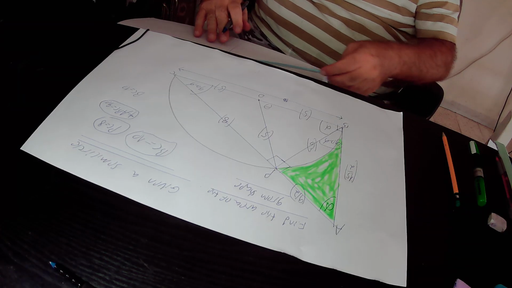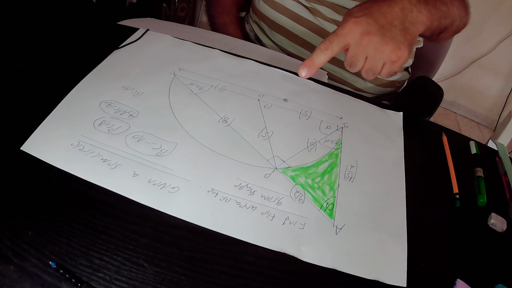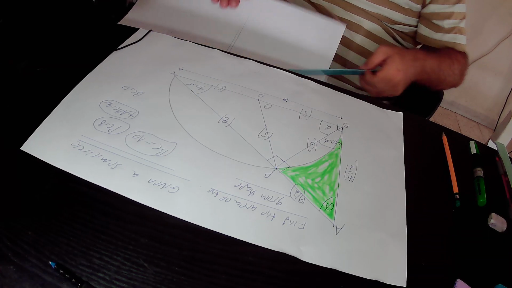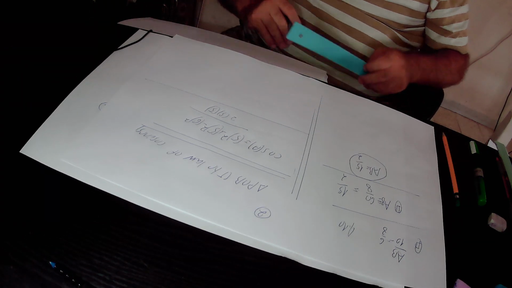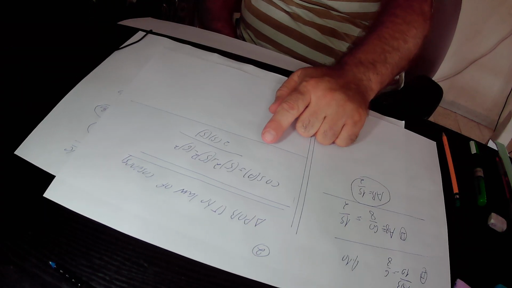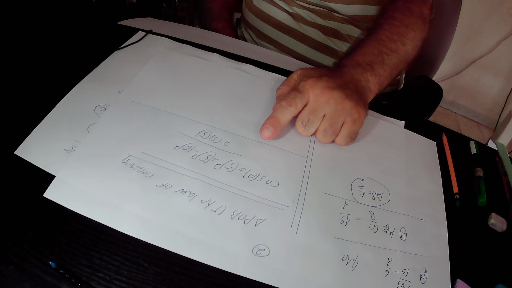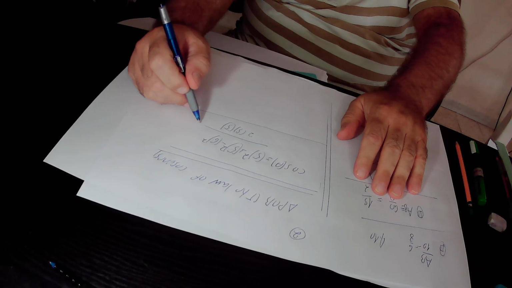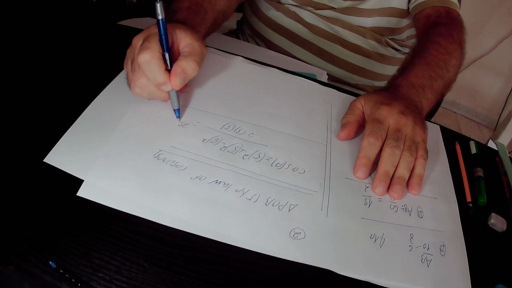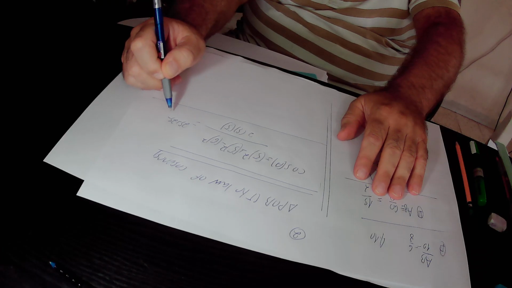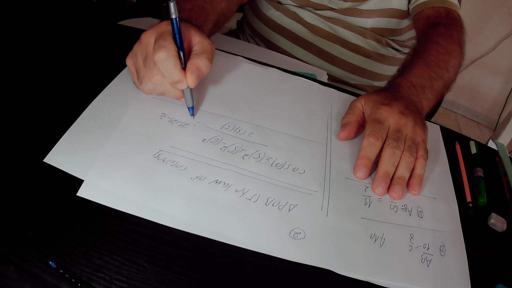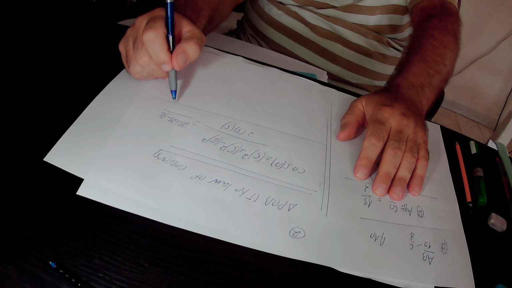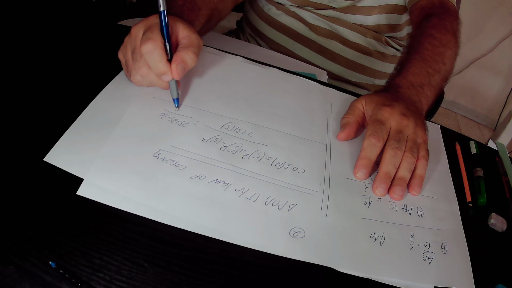And again, according to the law of cosines, in this triangle PBO, cosine theta equals 5 squared plus 5 squared minus 6 squared over 2 times 5 times 5. 5 squared is 25, plus 5 squared, that is 25, minus 6 squared, that is 36, over 2 times 5 times 5. 5 times 5 is 25, and 25 times 2 is 50.